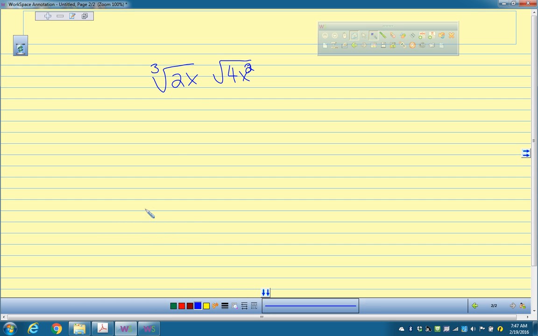How would you do that? Multiply them together. If I multiply these together, what would I get? What's 2 times 4? 8. So you'd have an 8 inside. What's x times x squared?